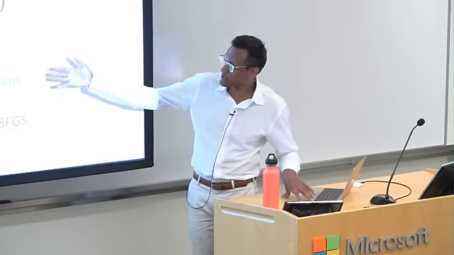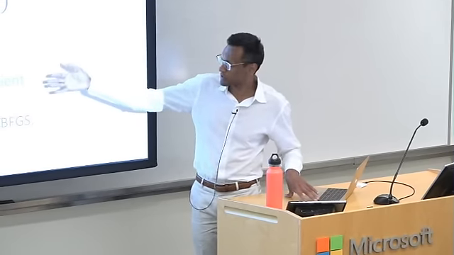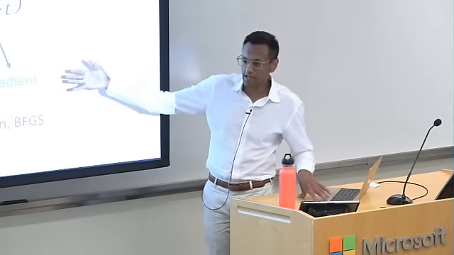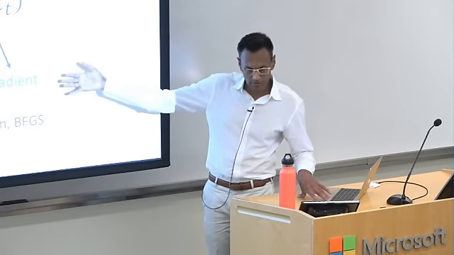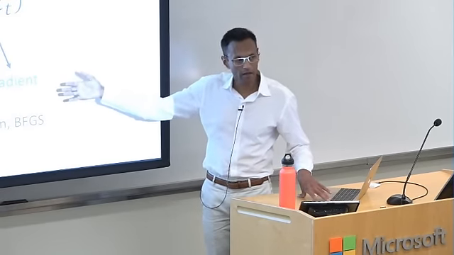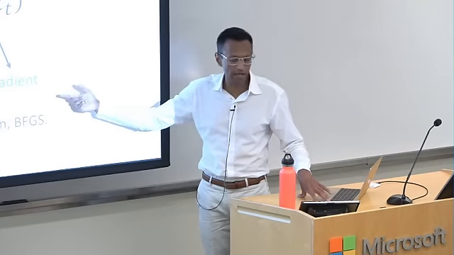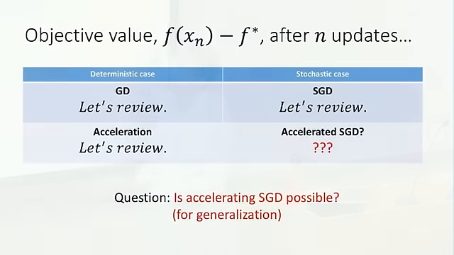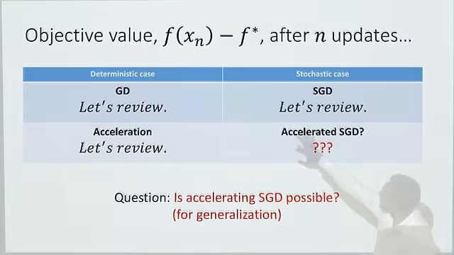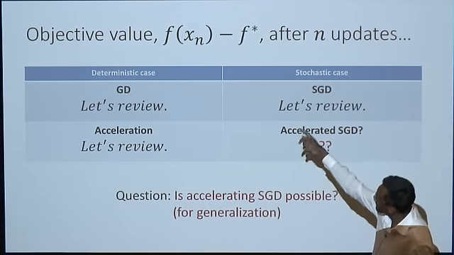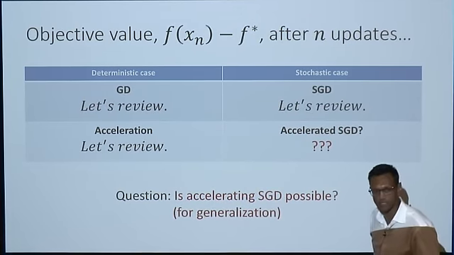Now, we're basically going to review gradient descent, review how we can improve upon it, and then review stochastic gradient descent, and then ask our question. So we're just going to start populating this table. The problem is, we want to minimize some function f of x.